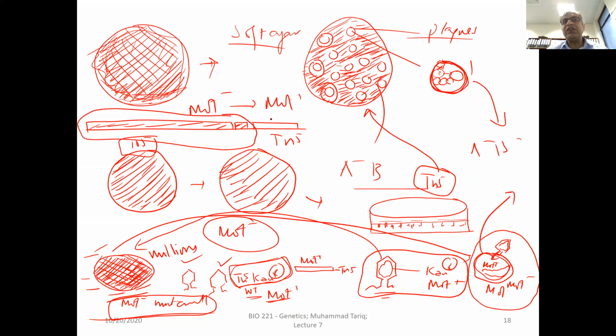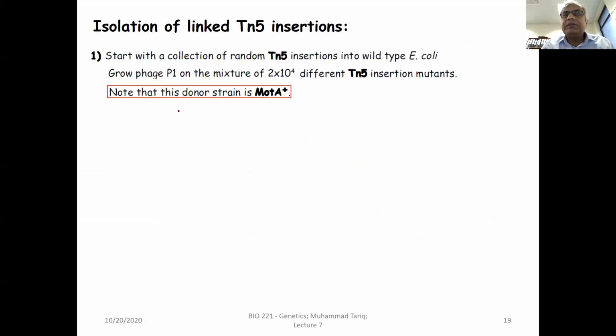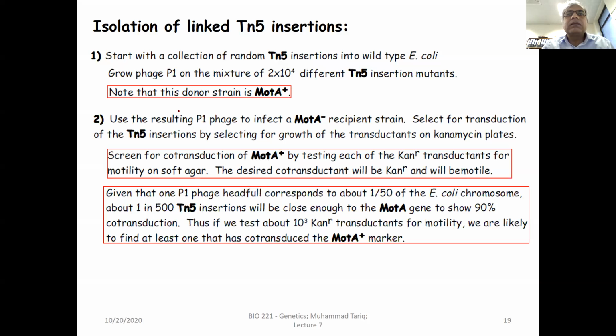TN5 is just being used as a selectable marker lying next to these genomes. Did I explain it correctly? Is there any question? Clear?